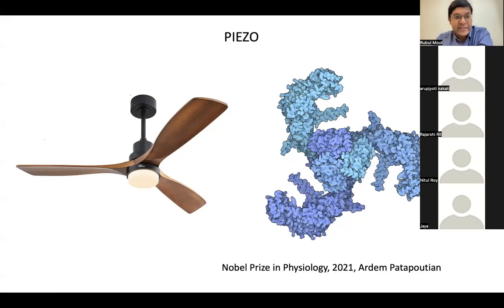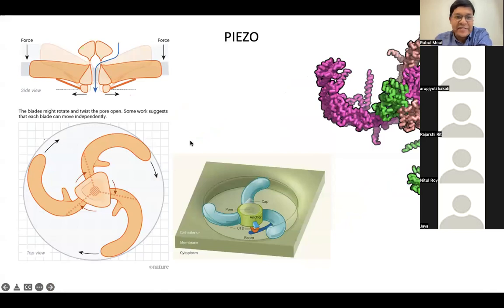Piezo has to do with pressure, with slight variations in pressure. This protein is expressed by all the cells in your body, and in terms of structure, it just looks like a fan. It resembles some of the natural things that we have.